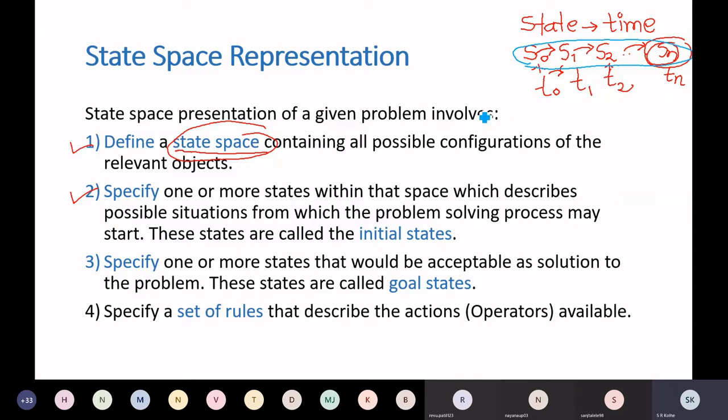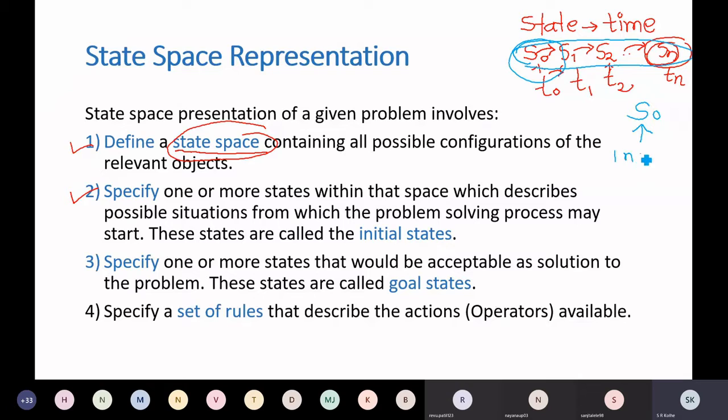Out of these states you have to specify one or more states which will describe the initial problem solving situation. That means you identify one or more states from which your problem solving process may start. For example, in this case it may be S0, the initial state from where the problem solving process will start.